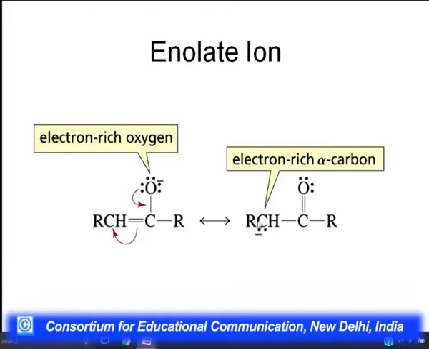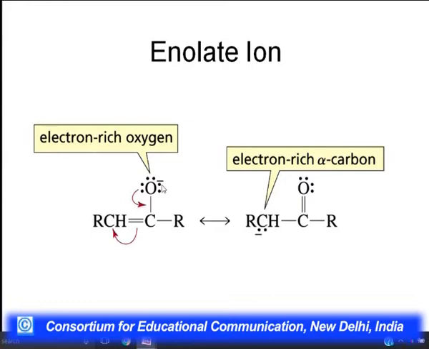The hydrogen attached here will be acidic in nature, and it can be abstracted by a base, resulting in the formation of this anion. Then this undergoes resonance to form the enolate ion. The enolate ion is more stable since oxygen has a negative charge on it.